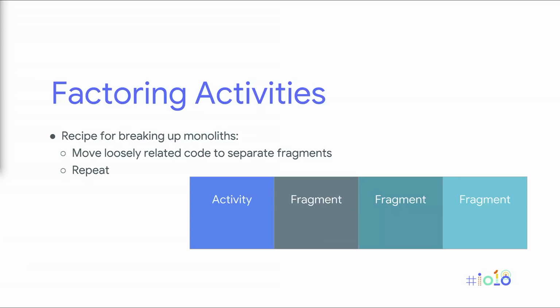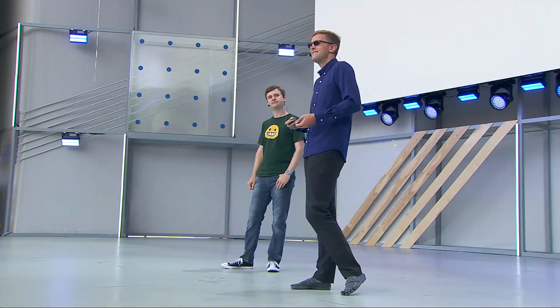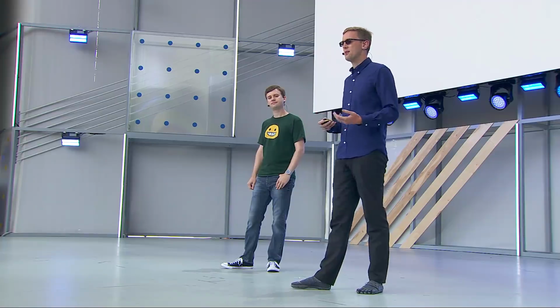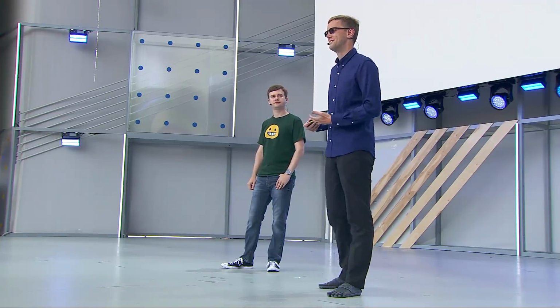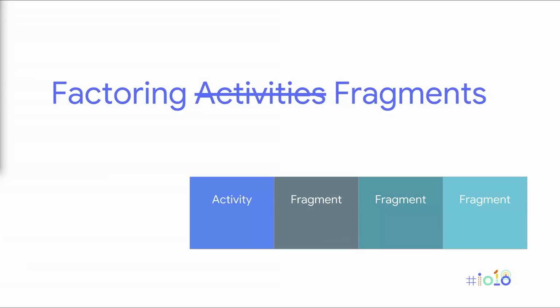But soon after we started getting into this, and when it came up to around Jelly Bean, people were like, but this isn't enough. Like, what if one of my fragments has a view pager in it that also has fragments as each one of its pages? So we get into this, all right, well, now let's break up the fragments into smaller pieces. So, of course, if fragments aren't enough, then you just add more fragments.